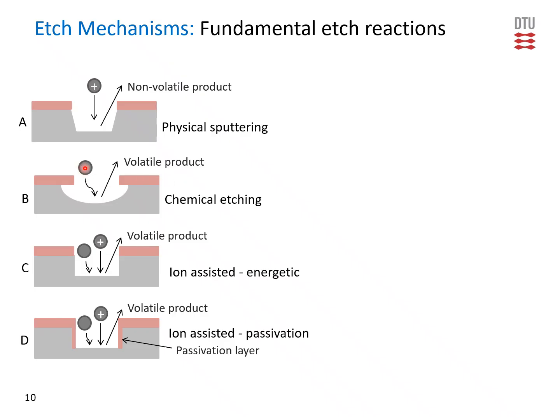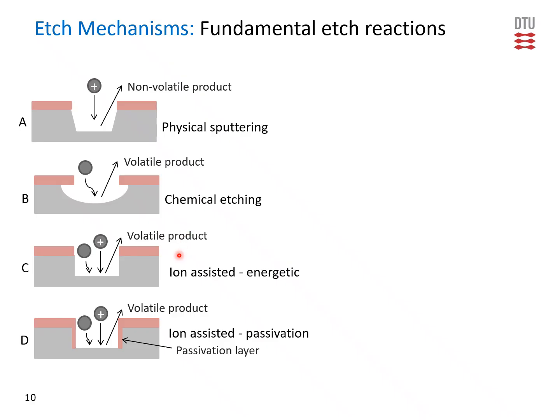Here radicals will diffuse down on the surface and they will form a volatile product that will be pumped away. In this case, you will have etching not only downwards but also underneath the mask. So this is an isotropic etching. In this case, the etching happens completely without bombardment of ions.